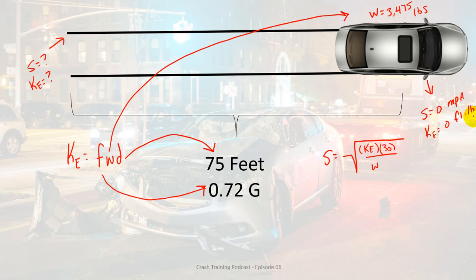So as long as it's one surface and they're going to or from a stop, minimum speed and energy are going to be exactly the same. And also, you remember from last week, we know that our vehicle is not going to just come to a stop on this one surface.